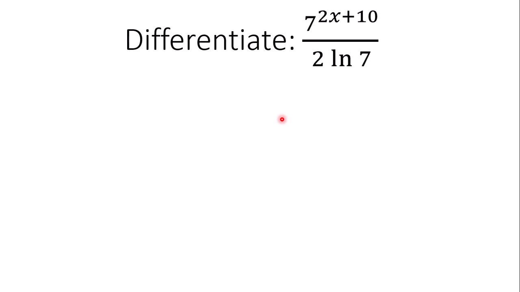And if you're able to get this one back, it means that the answer that we had to the integral of 7 raised to the power 2x plus 10 dx is correct.